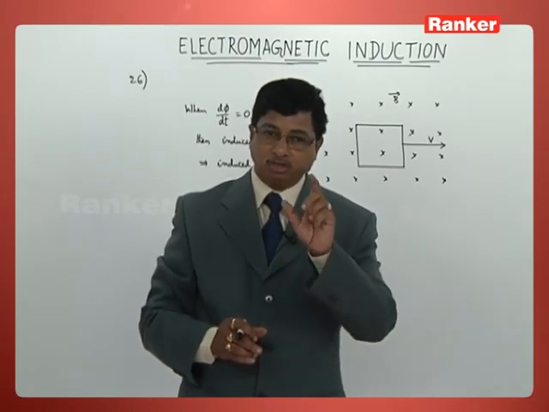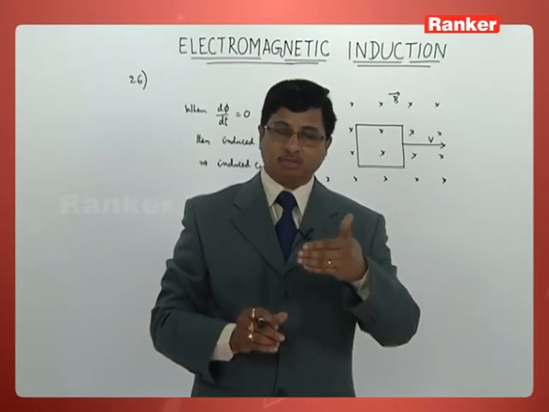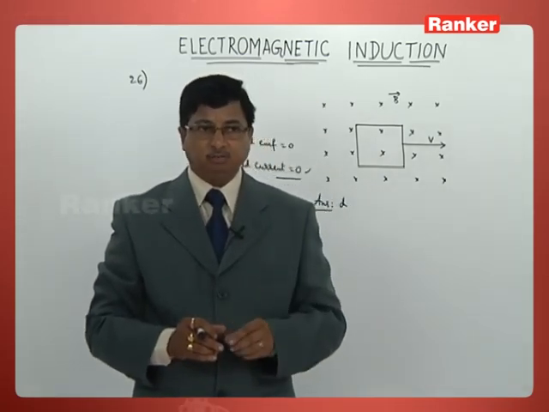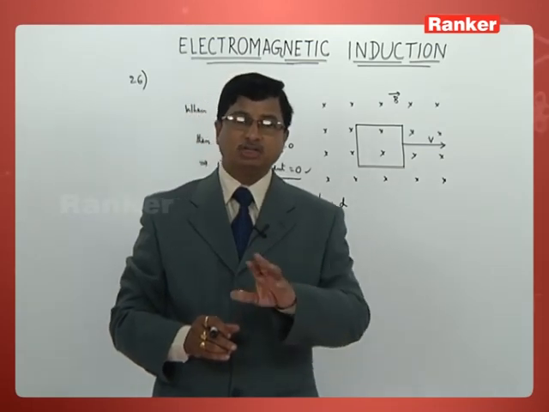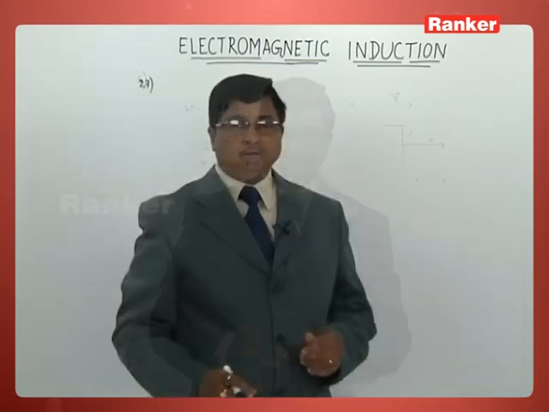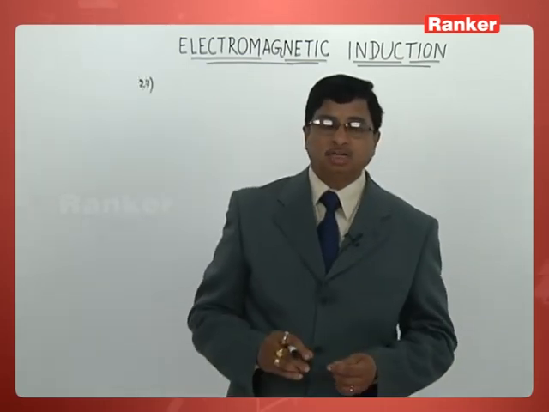So for question number 26, the correct option is D, which of course gives us induced current as 0. That is the concept of 26th. Let us check the next, problem 27 now.